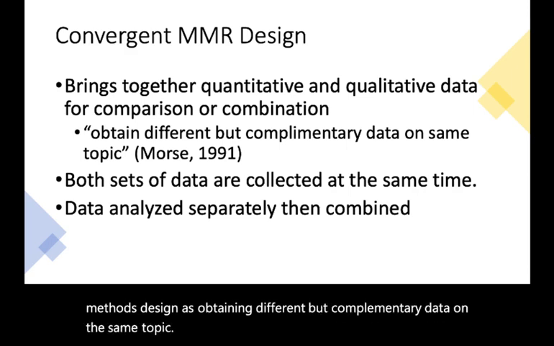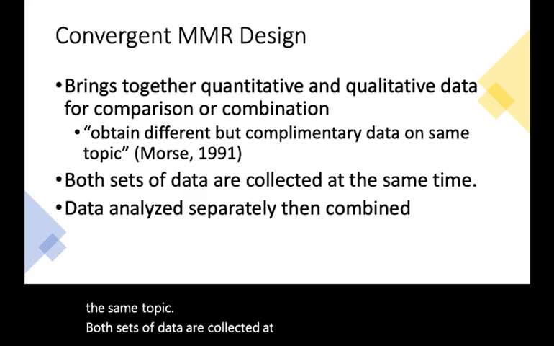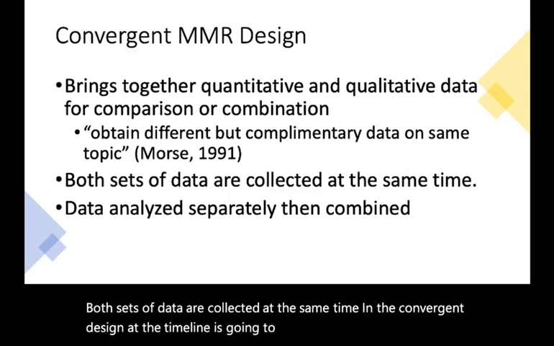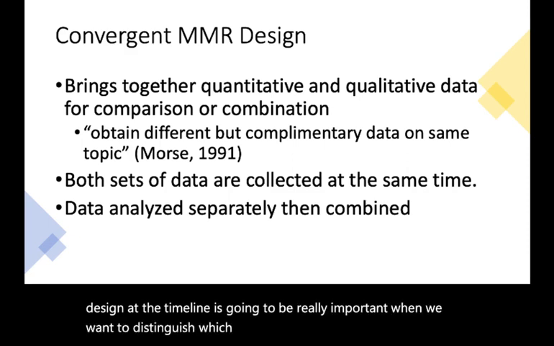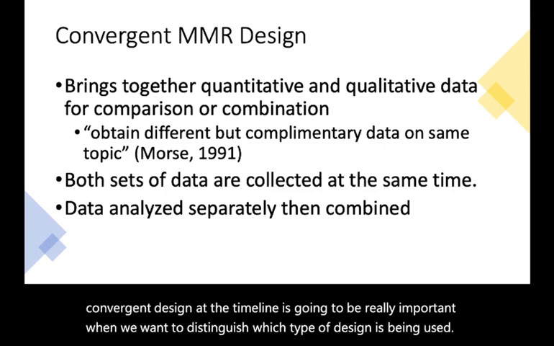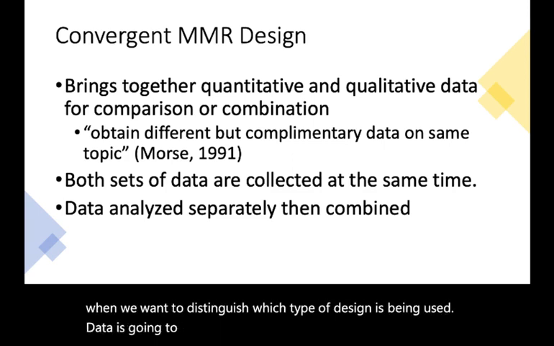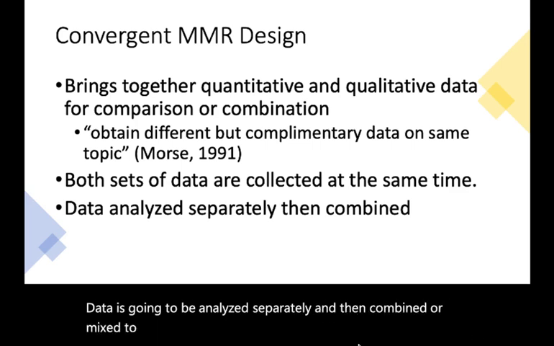Both sets of data are collected at the same time in the convergent design. The timeline is going to be really important when we want to distinguish which type of design is being used. Data is going to be analyzed separately and then combined or mixed to form those conclusions.